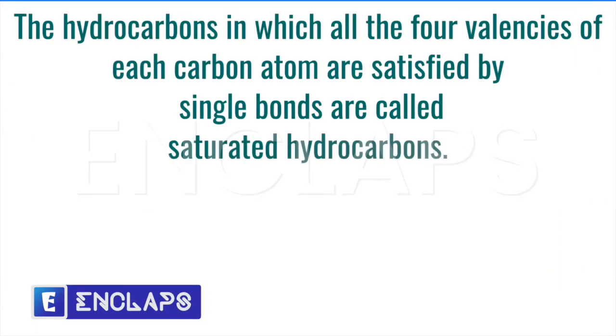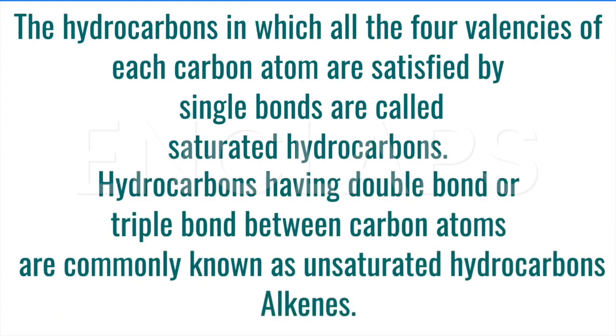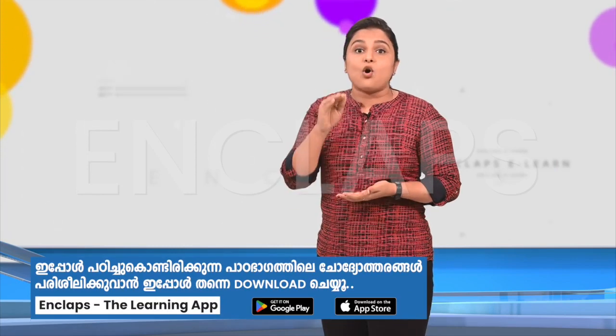Do you know how the hydrocarbons are classified into two? Yes, the class of compounds that contains only single bond between carbon atoms. Then the next type of compounds contains double bond and triple bond between carbon atoms. Each type of compounds has a common name.